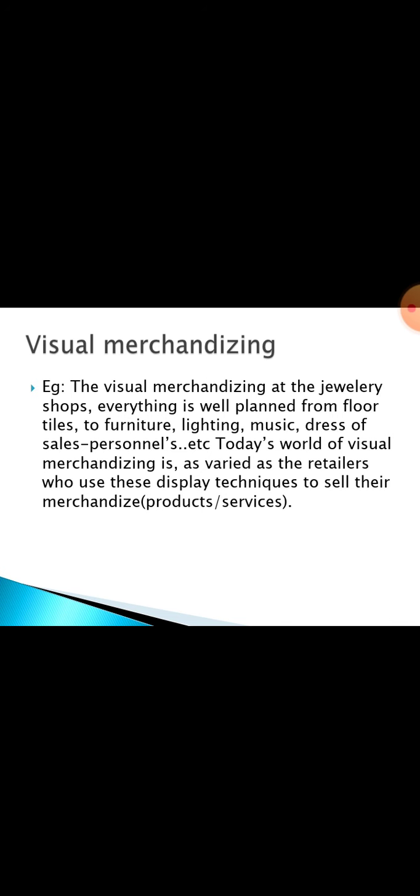So it is all an example of visual merchandising, that in a business or in a shop, in a retailing context, they are modeling the things, they are converting the things as per the requirement of the customer, as per the need of the particular brand, as they actually want to enhance the brand image through this visual merchandising. They are converting their environment in order to enhance their brand image.